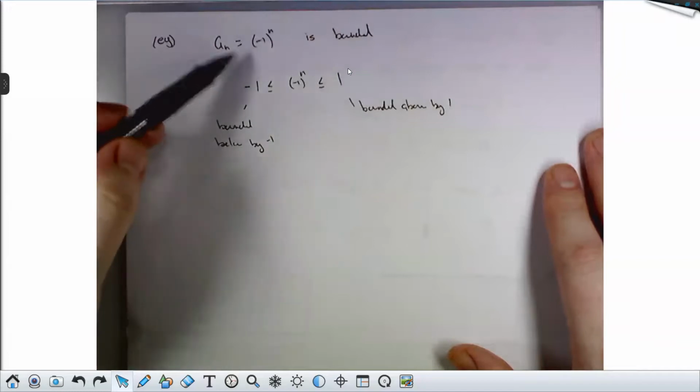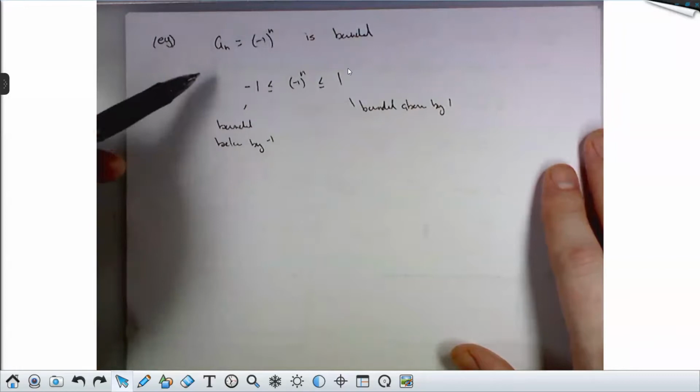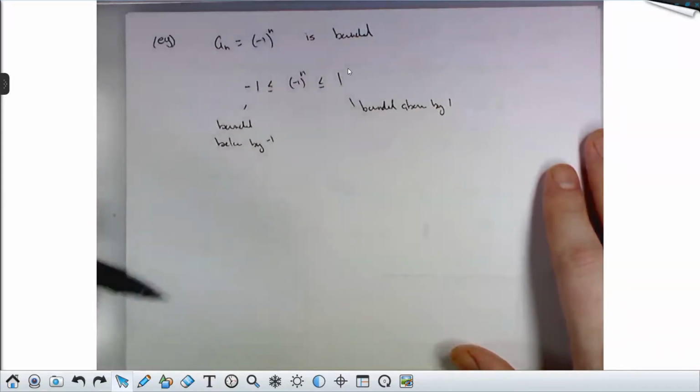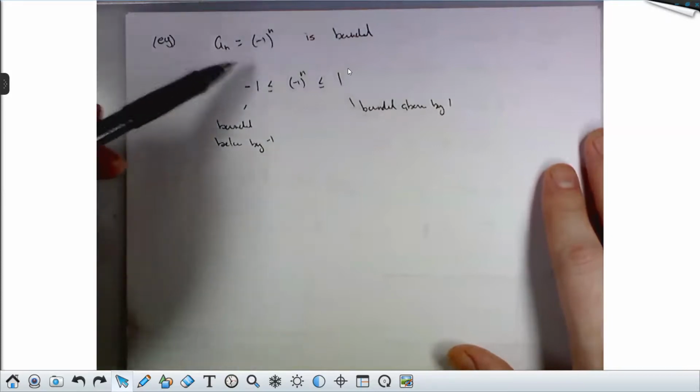This sequence is just 1, -1, 1, -1, 1, -1, 1, -1. So it never gets smaller than -1 and it never gets bigger than +1. So this is also a bounded sequence.